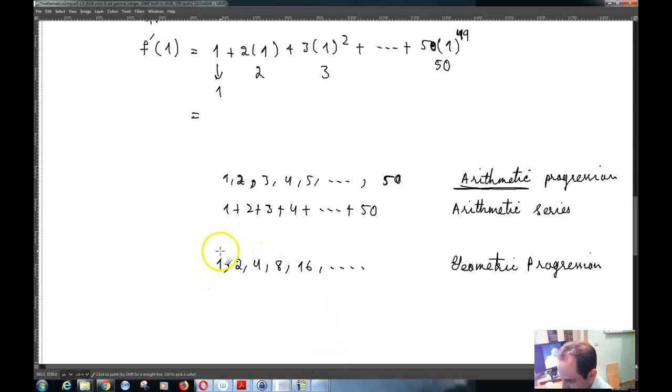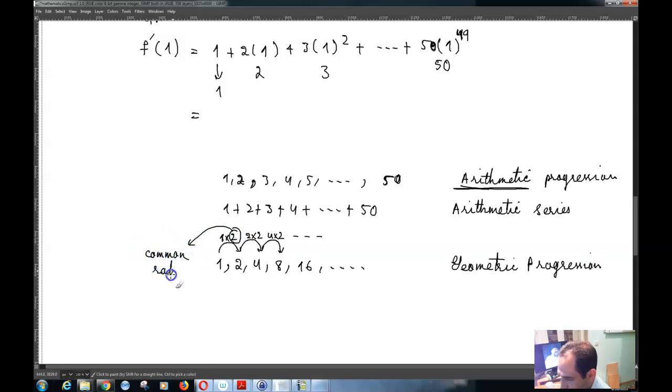That means that every term has to be multiplied by some fixed amount to get to the next term, and this fixed amount is called the common ratio.